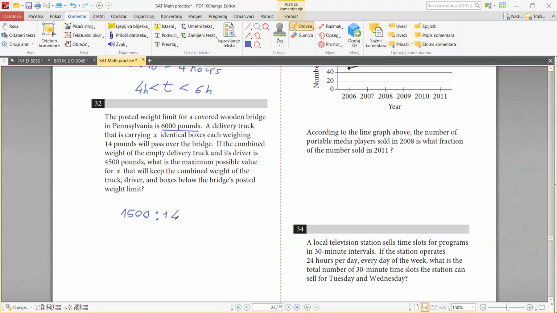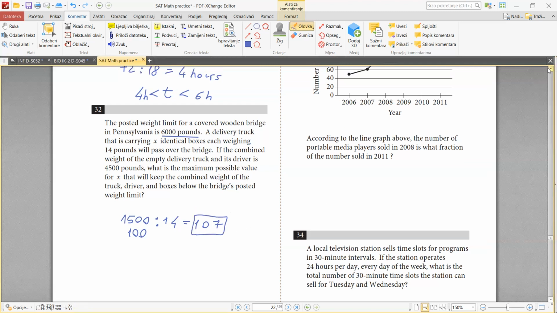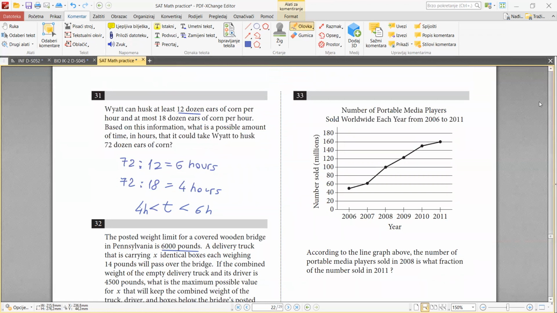So we can divide 1,500 by 14. So the maximum possible value for x is 107. And we can continue with question 33.